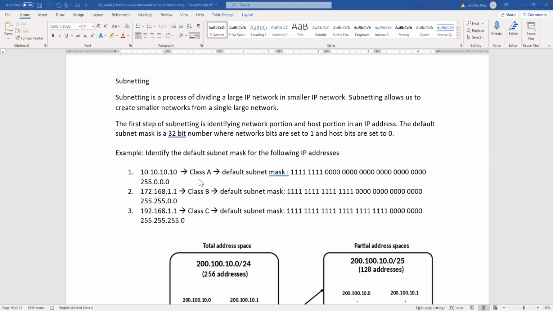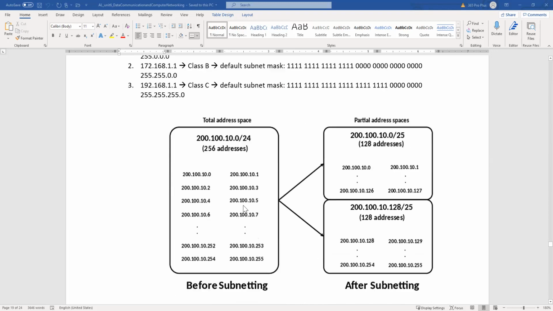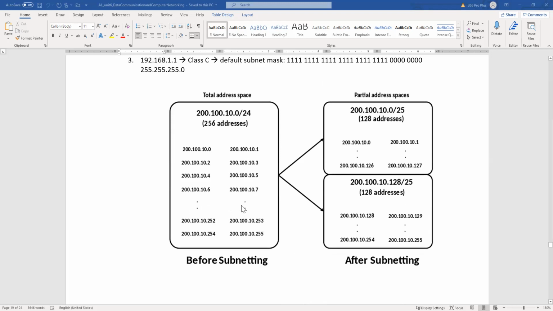So for class A you have 8 bits, class B 16 bits, and class C 24 bits. Now, the idea of subnetting is that, as I told you, you are going to divide the network into different parts.